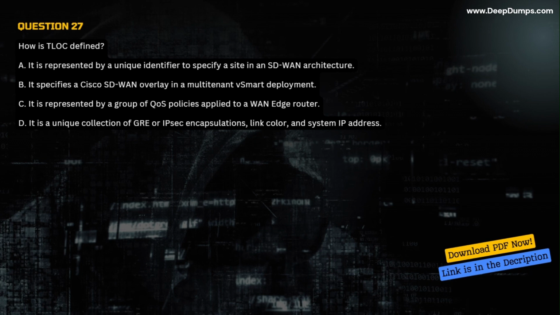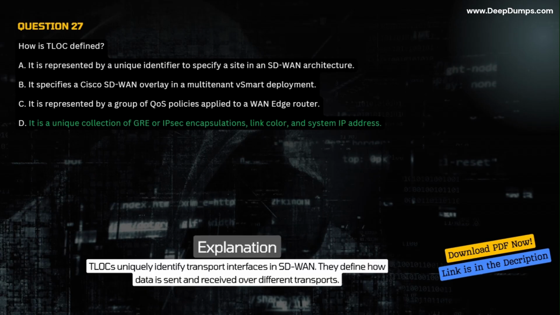D. It is a unique collection of GRE or IPsec encapsulations, link color, and system IP address. Correct answer D. Explanation. TLOCs uniquely identify transport interfaces in SD-WAN. They define how data is sent and received over different transports.